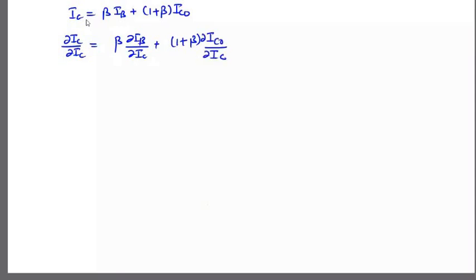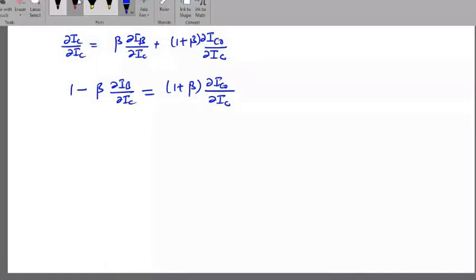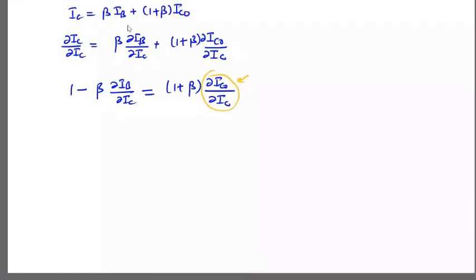Here this factor becomes 1, and now we can write 1 minus beta del IB over del IC equals 1 plus beta times del ICO over del IC. This factor del ICO over del IC, I am representing the stability factor S.